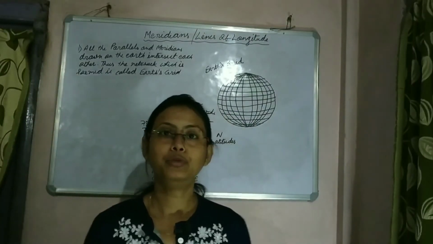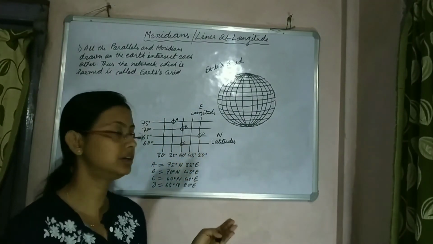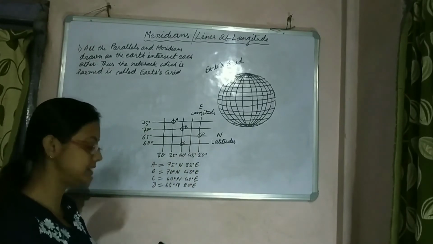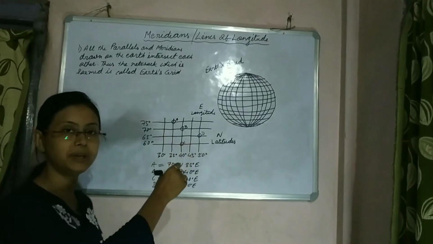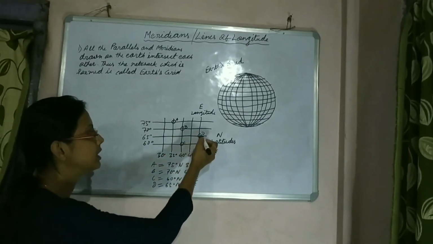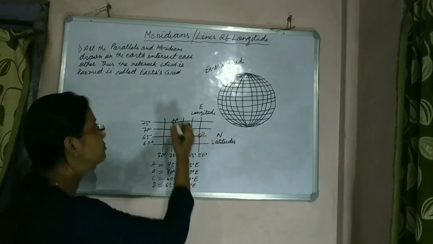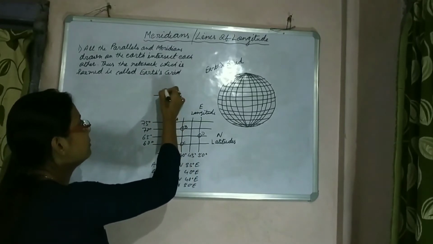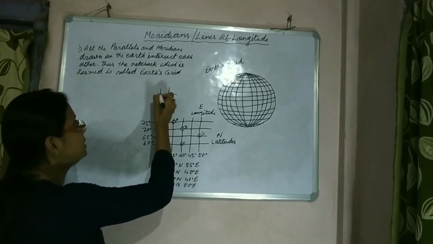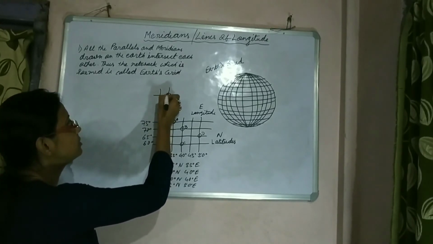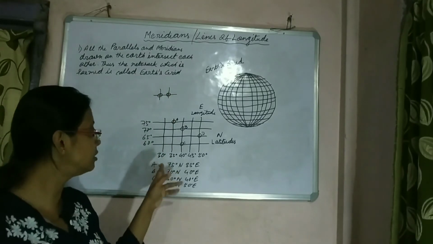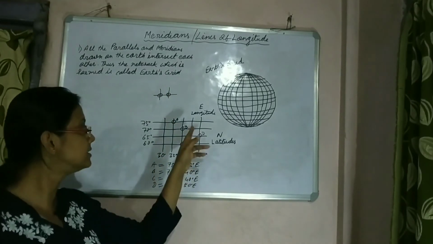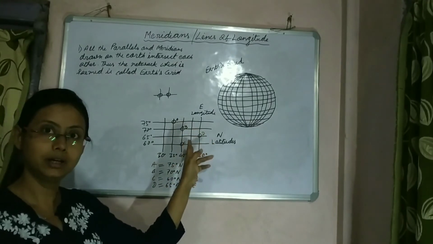You can see that places A, B, C, D are all located on intersecting points. Intersecting points means where one parallel and meridian line cut each other. So here we have found the location of the intersecting points A, B, C, D.